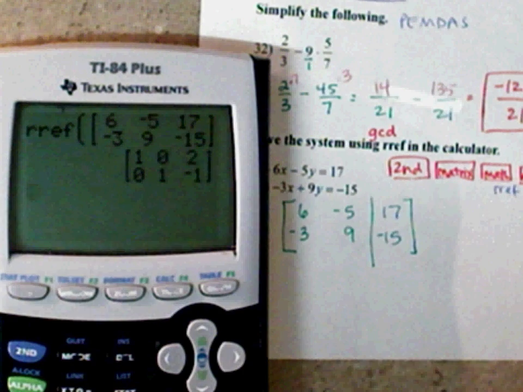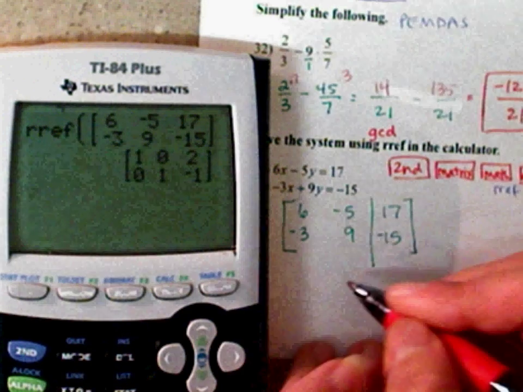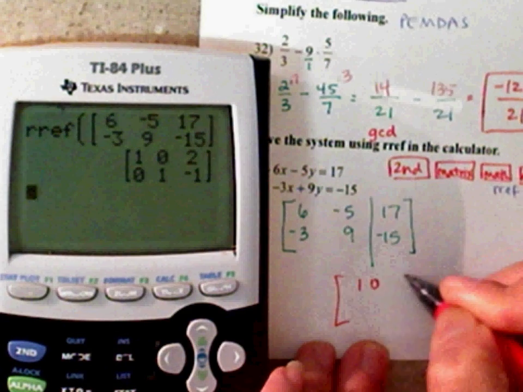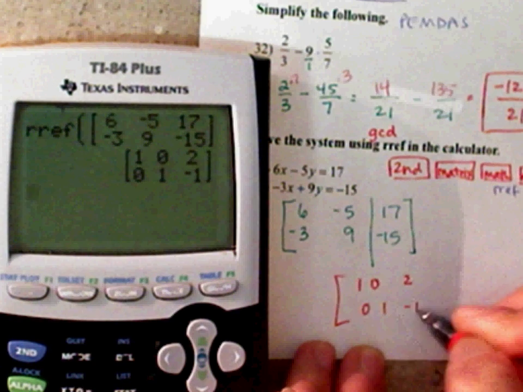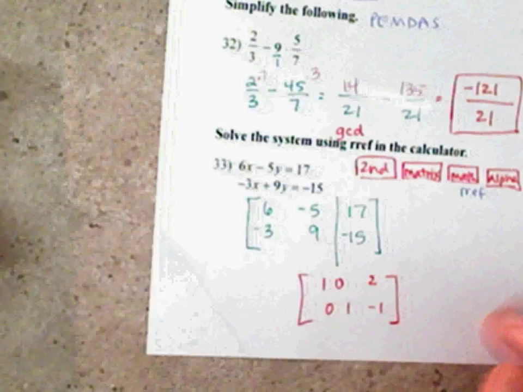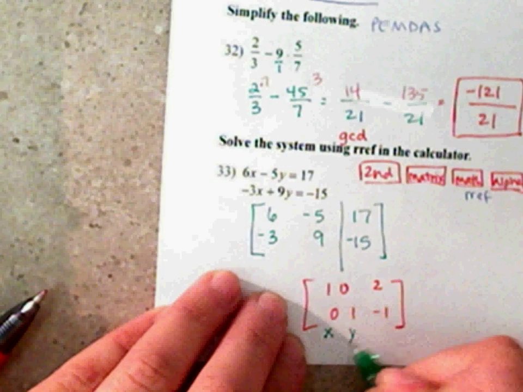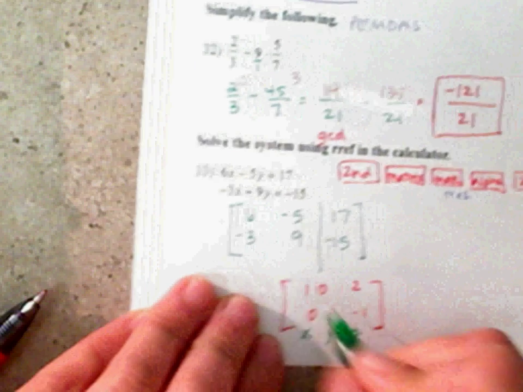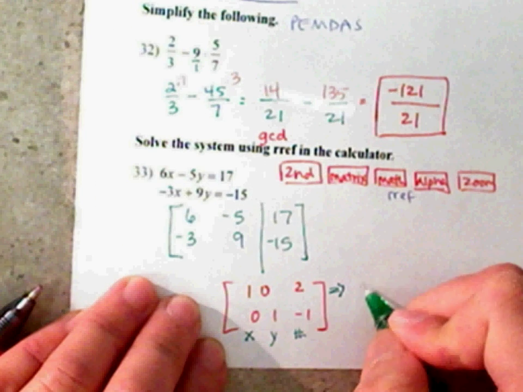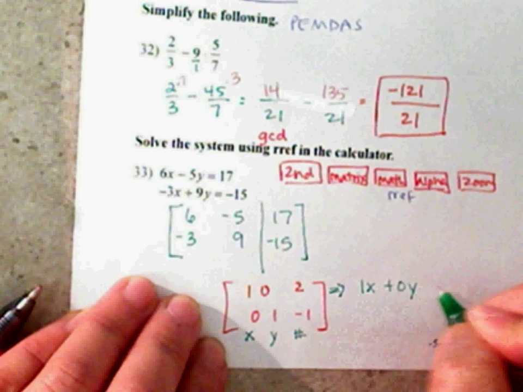Now let me explain to you the solutions. So you have 1, 0, 2, 0, 1, negative 1. Okay? Let me explain what each one of these means. This is an X, this is a Y, and this is your number. This one pretty much says 1X plus 0Y is equal to 2.